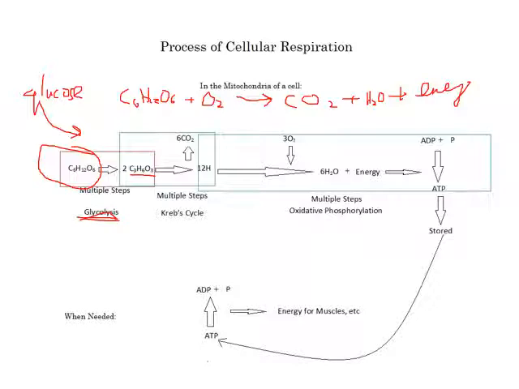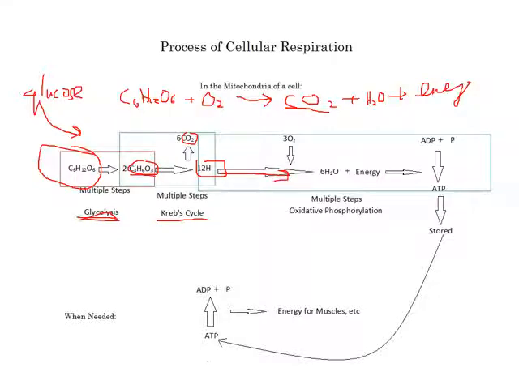It just splits it. The next thing that happens is that this gets put into the next step, called the Krebs cycle, which I'll talk about in a second. During this process, carbon dioxide is released right here, and the hydrogens get shipped for the next step.